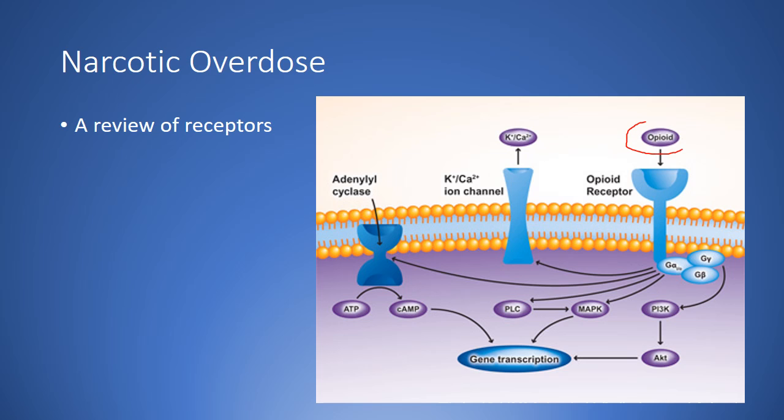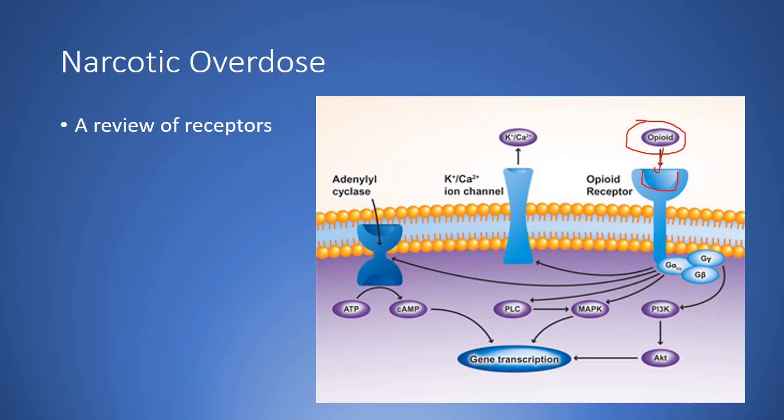So here you have the opioid receptor, the opioid that actually binds. It fits in this opioid receptor. So the shape of the receptor determines what opioid fits in there. And for the opioid receptors, pretty much the whole class of narcotics can fit in there. So that could be an endorphin, that could be fentanyl, morphine.